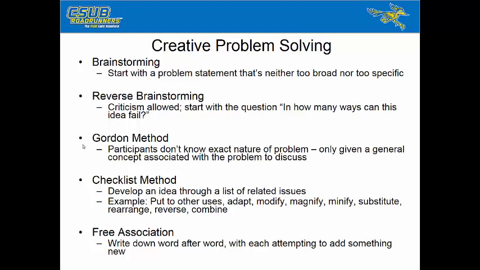So, for example, you could take a certain product or service and think about what other uses you could put it to, how you could adapt it, how you could modify it, how you could magnify it, how you could minimize or minify it, what substitutes you could find for it, how you could rearrange the composition of the product or service, how you could reverse it, and how you could combine it with other things. Just pushing yourself to answer questions in each of those categories about a certain product or service.